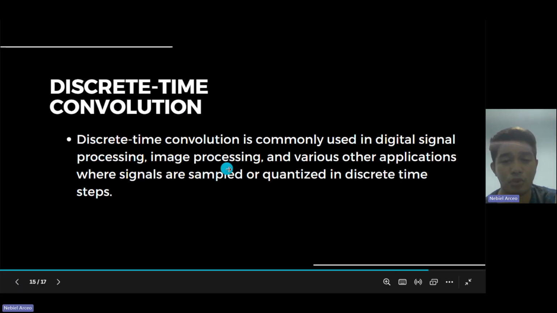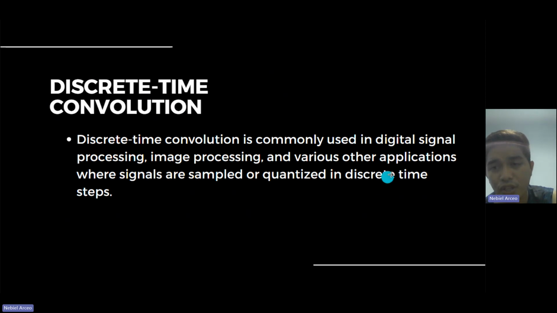Discrete time convolution is commonly used in digital signal processing, image processing, and various other applications where signals are sampled or quantized in discrete time steps.